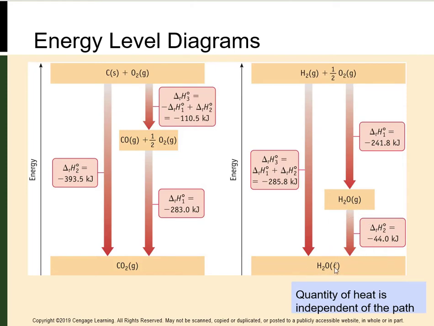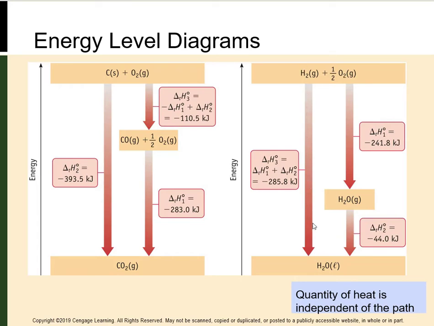If I didn't know what this enthalpy difference was, I could take step 1 minus step 2 to get this one. If I didn't know what this one was, I could take this guy minus this guy.